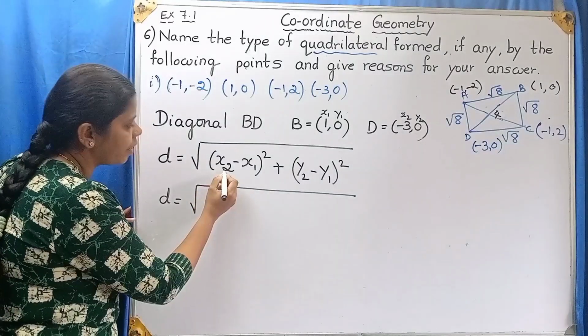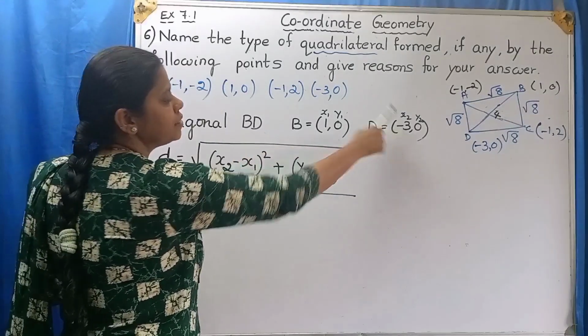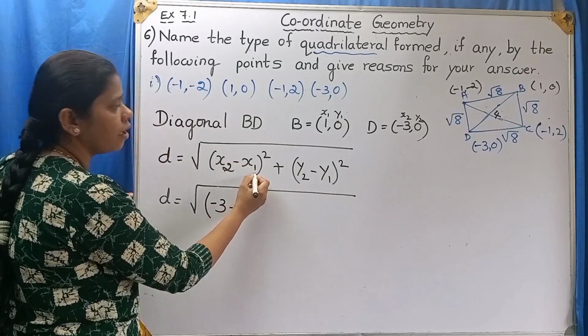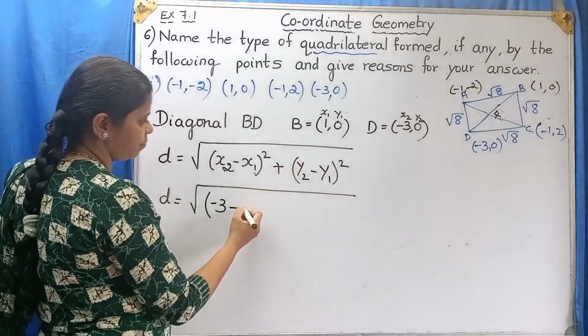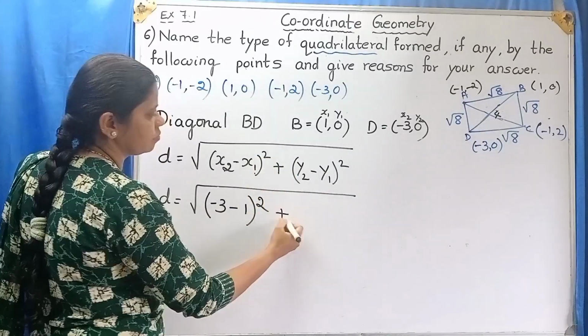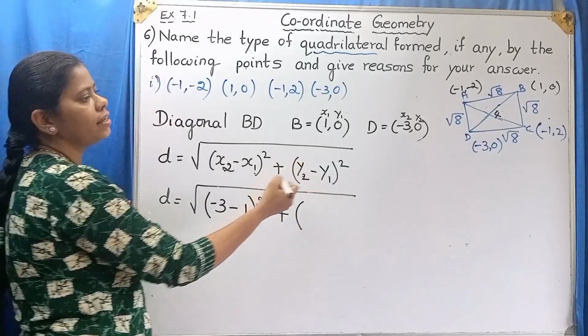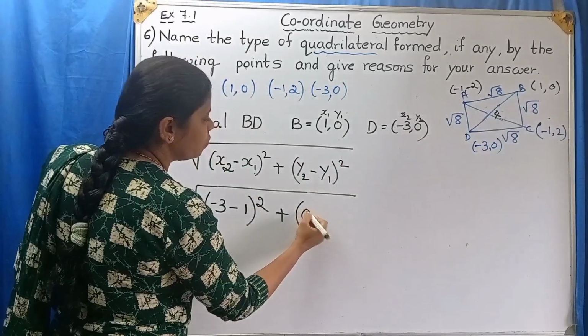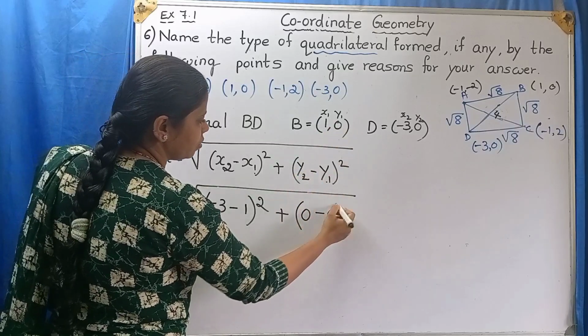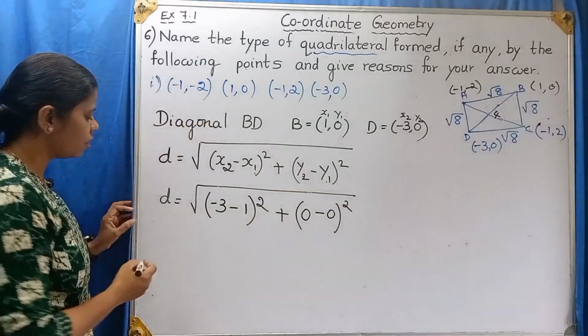Bracket x2, the value of x2 is -3, -3 minus x1 is 1, the whole square, plus y2 that is 0, 0 minus y1 is 0, the whole square.